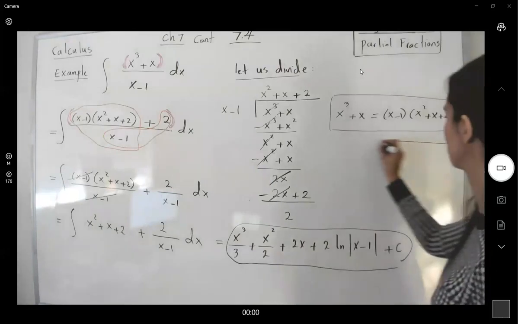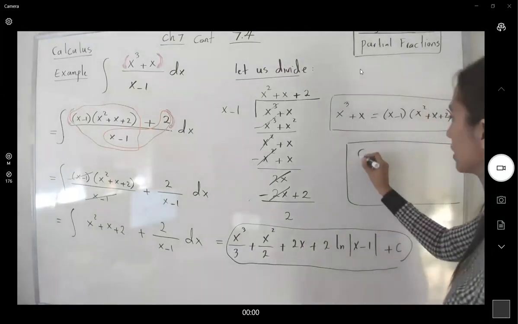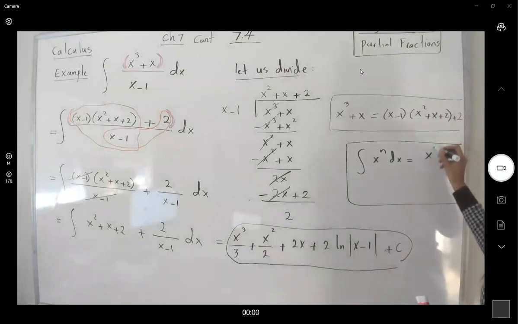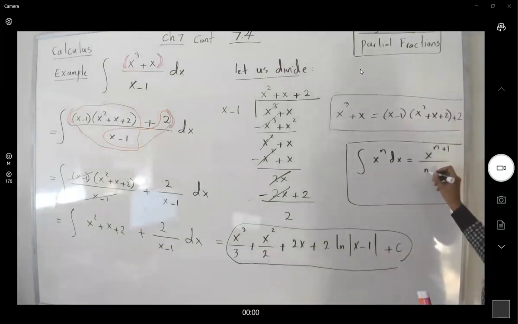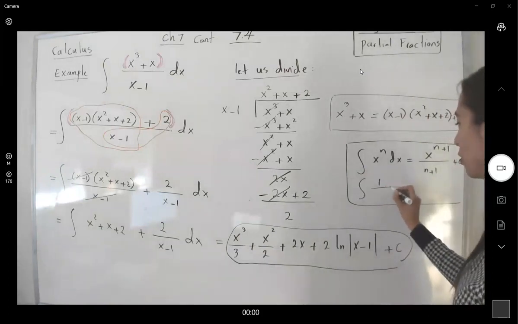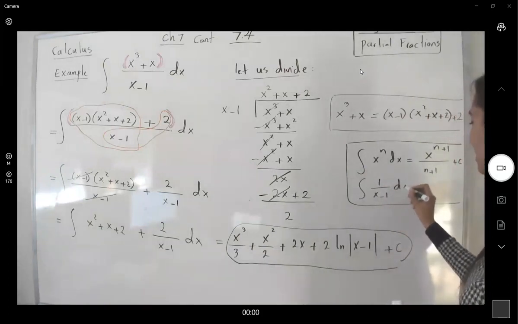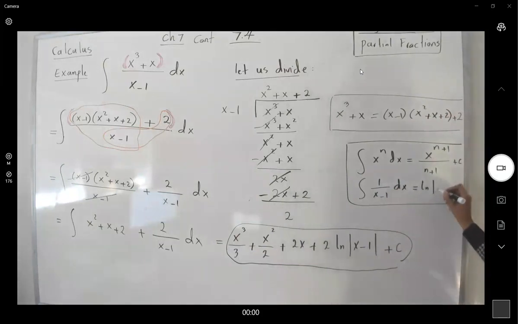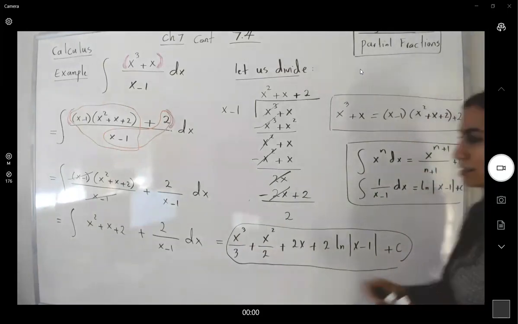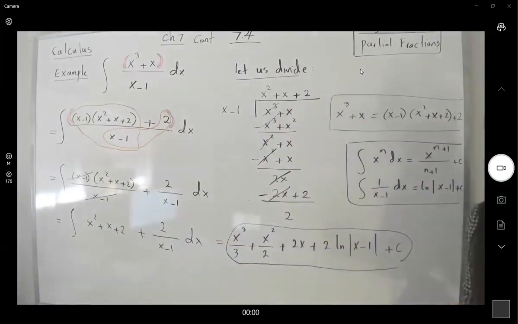Recall that the integral of x to the n dx is x to the n plus 1 over n plus 1 plus c, and the integral of 1 over x minus 1 dx is ln of absolute value of x minus 1 plus c. You're using these two main formulas to evaluate the rest of the integral.